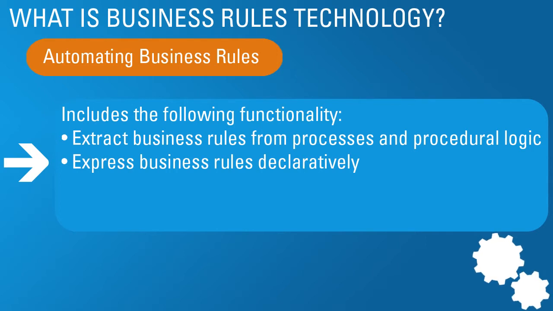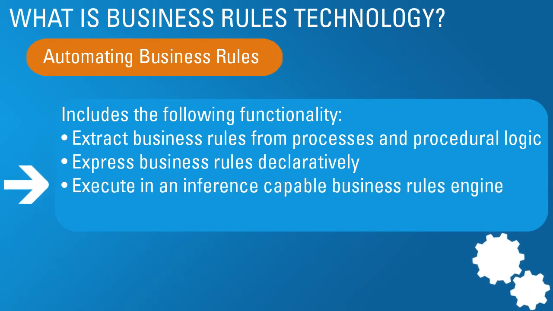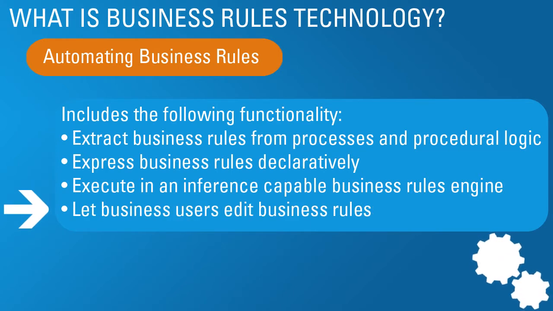I want to be able to execute the business rules with an inference-capable engine, so that the one writing the rules doesn't have to know everything about the whole set of rules, but the rules can be inferred one from another. We also want to make sure that a business user can edit the business rules. So these rules are owned by the business.